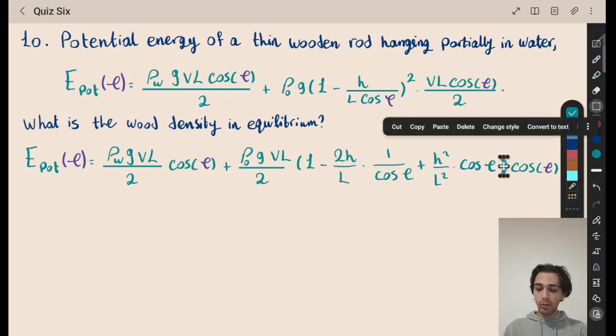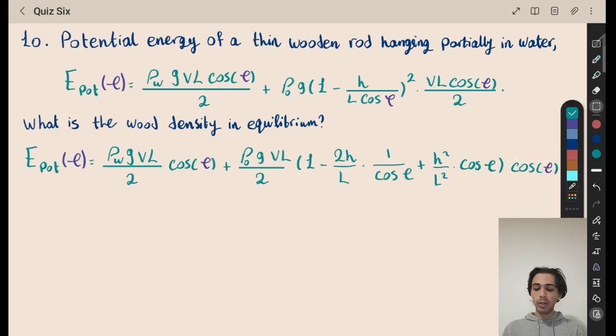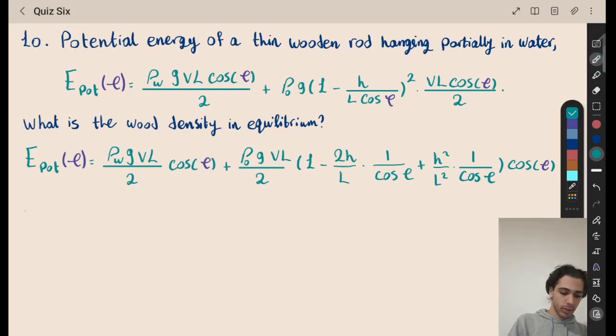Then I would just remove the power, and I still need to distribute this. This is in the denominator. I'm glad I was able to see this, otherwise I would have had to re-record this, which is not so pleasant.